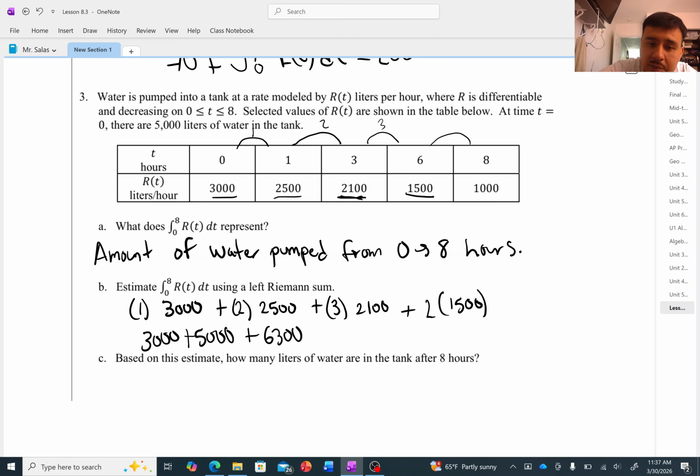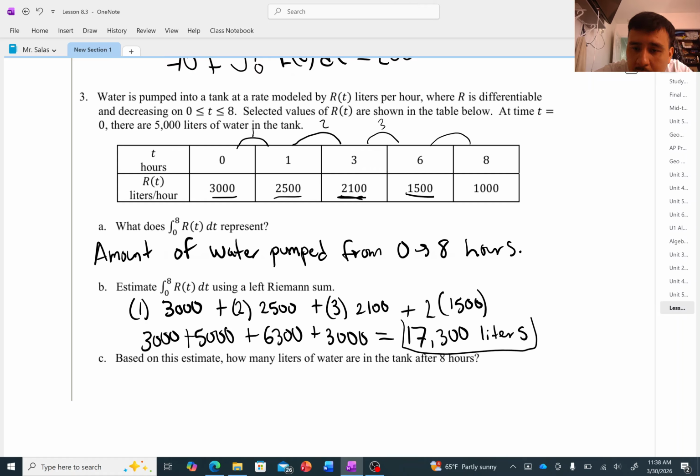Plus 2 times 1,500, that's going to be 3,000. I add this all together, and that should give me a value of approximately 17,300. And what are we talking about? We're talking about liters. Again, that was using the left Riemann sum method.